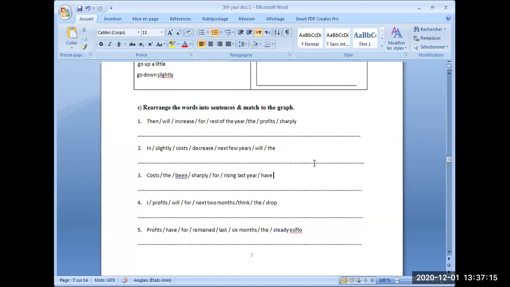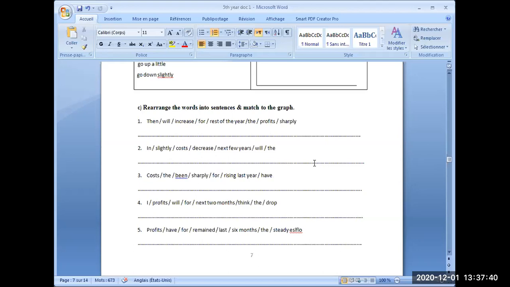Okay, I would like to correct something concerning your answer, number 2. Instead of starting the sentence with the cost, costs will decrease slightly in the next few years. The goes with the expression next few years, because we can't say in next few years.